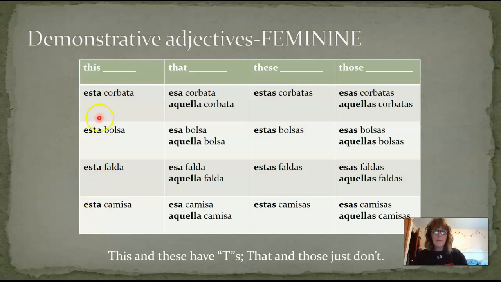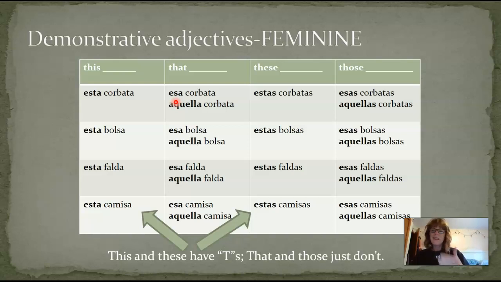Now look what happened. As we go from this to that, we just took out the T's. Because this and these have T's, that and those just don't. So we're going to take out the T of that. That tie, esa corbata, repitan. Esa bolsa. Esa falda. Esa camisa.